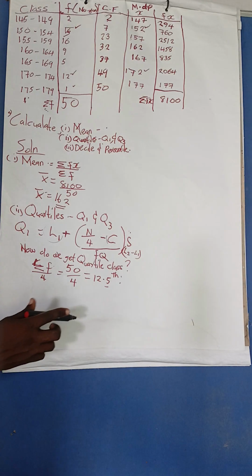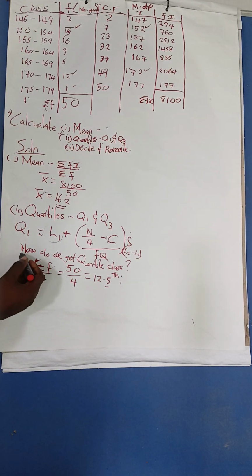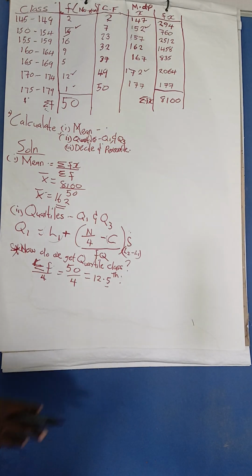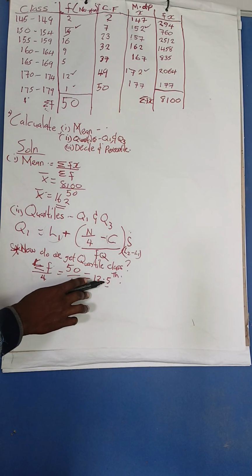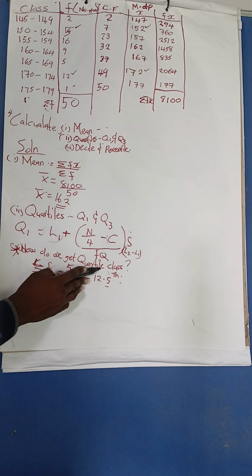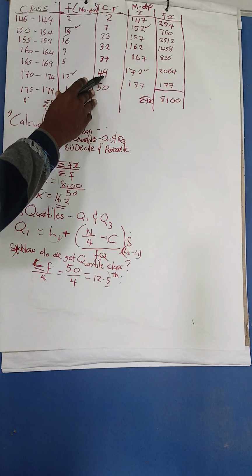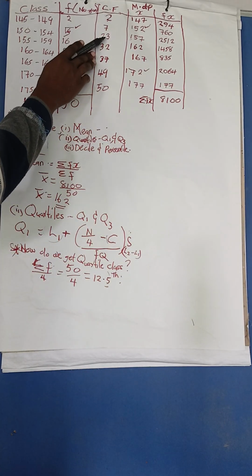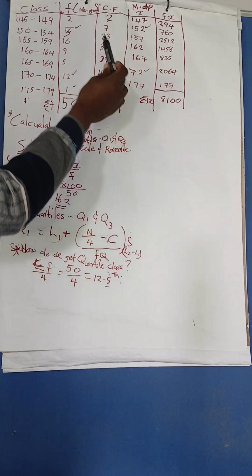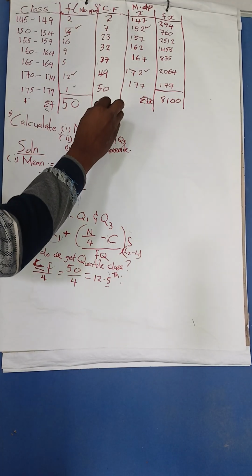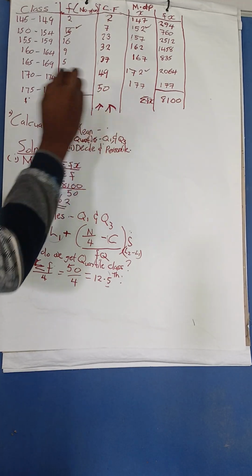Good. Now, you have seen how we get the quartile class. Master this part very well. This is what we'll be doing even in the median, the percentile, and all that. So with this 12.5, you'll come with it to the cumulative frequency column. And you ask yourself, where can 12.5 be accommodated immediately, first? In this column, where can I accommodate it first?